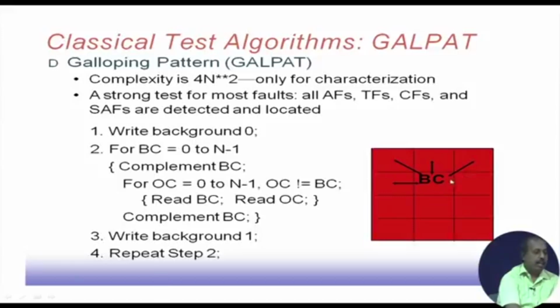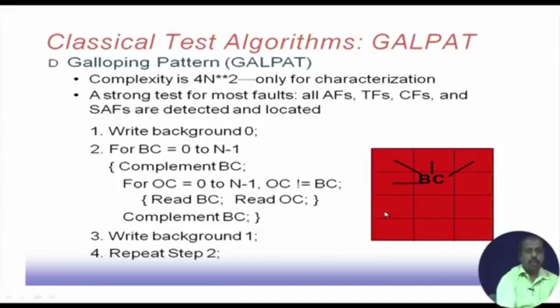After reading all these bits, we complement BC again and repeat the whole process. For one cell this is done, then we try the next cell. For every cell we are checking, we read all the other cell contents.